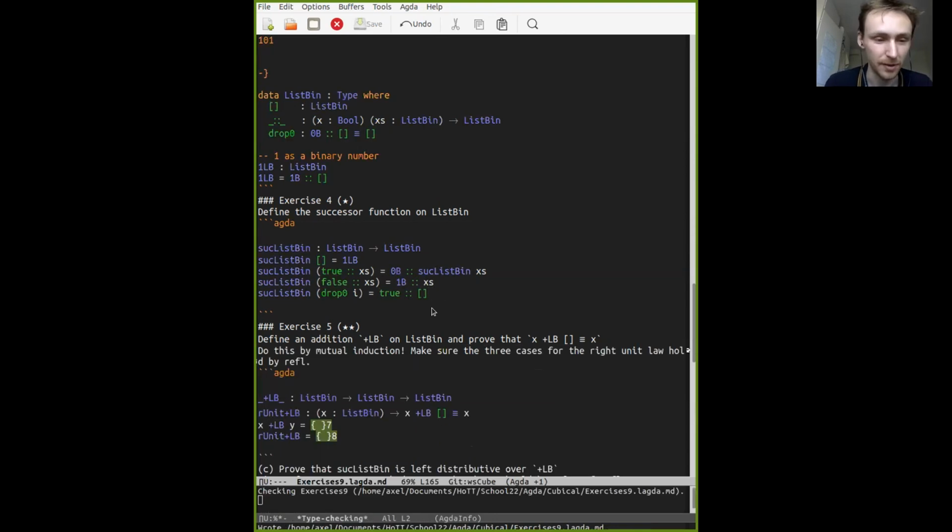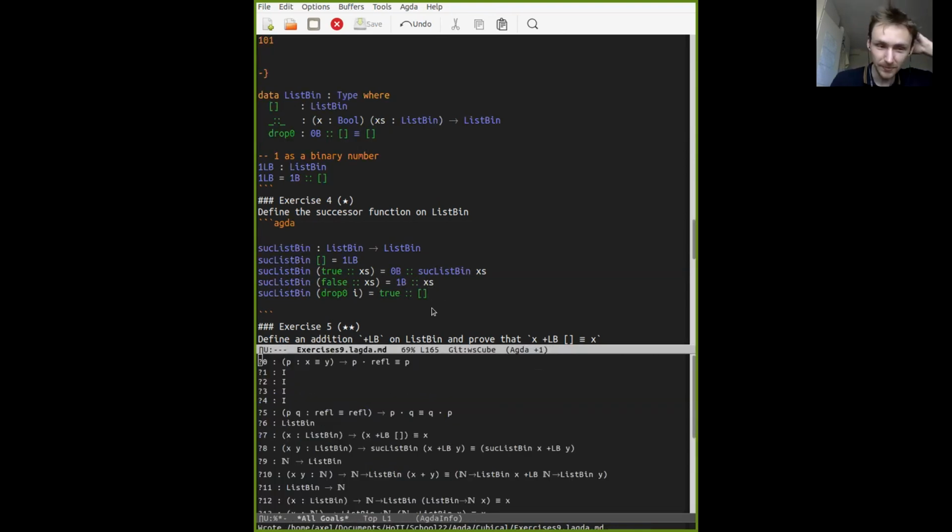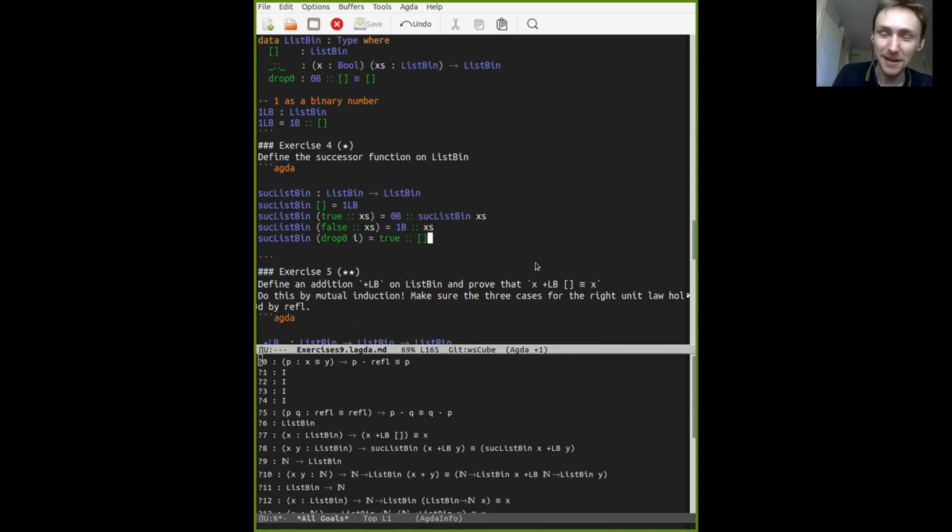We just give Agda the thing. It's constant. Okay, so that's it. Am I making sense? I'm worried that I messed up this whole exercise because of this confusion. This is how I learned binary numbers. I don't know. Okay, perfect.